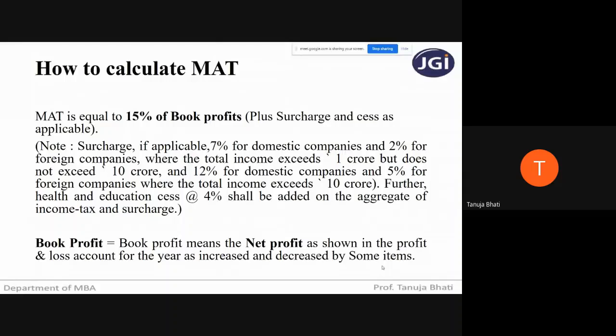Students, how do you calculate book profit? Book profit is the net profit that you pick up from the P&L account, but you have to make certain additions to the net profit and certain deductions from the net profit, and then you will arrive at the book profit. Now let us see what additions and deductions you have to make to the net profit in order to arrive at the book profit.